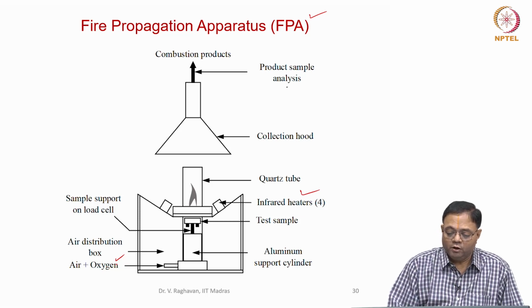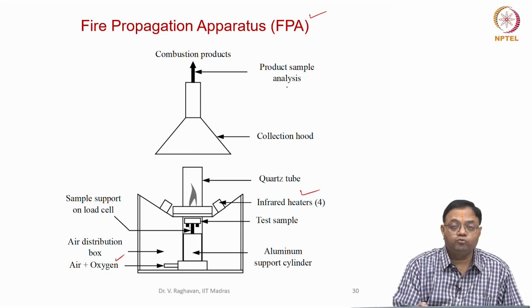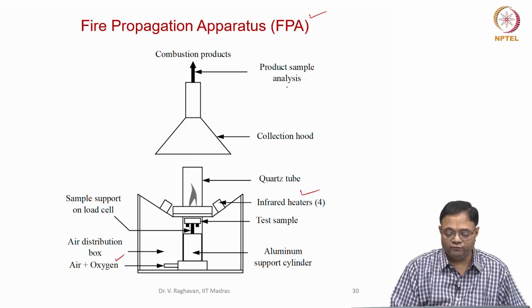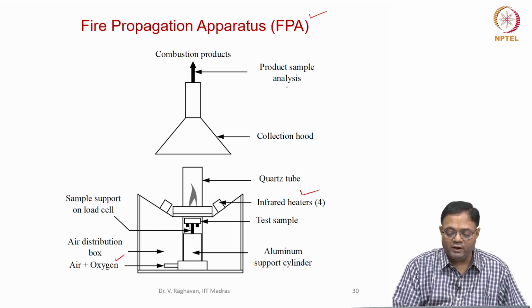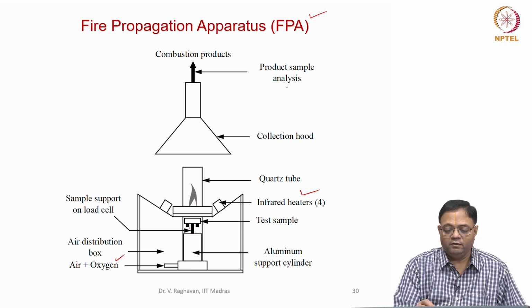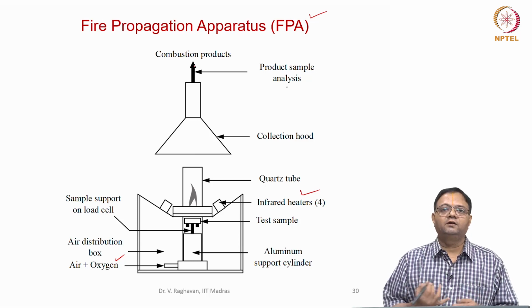Now, this can be co-flowing, or we can also premix if you have a gaseous fuel, or in the case of condensed fuel you can make it a co-flow. I can vary all these things, again get the hood, take the fire gases and analyze them in whatever way you want.